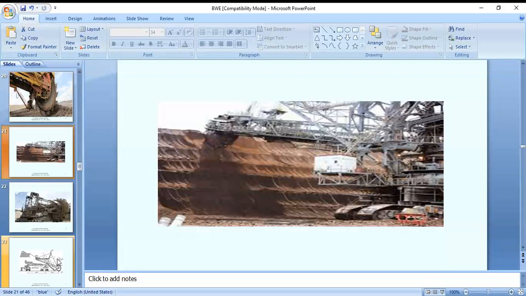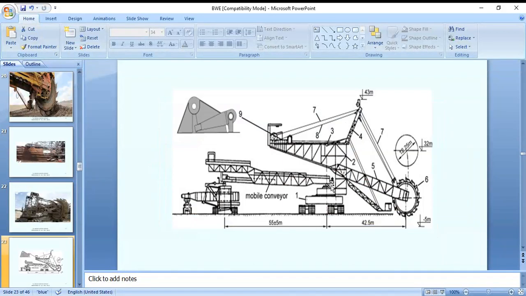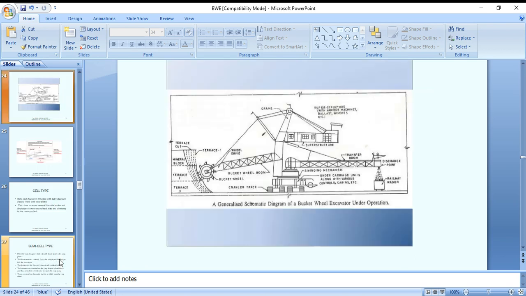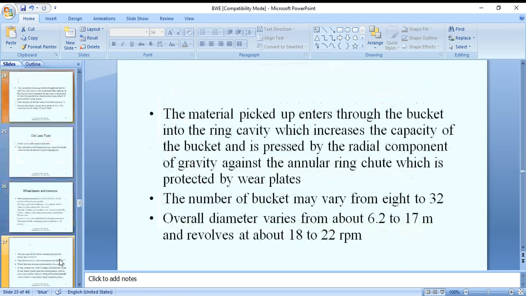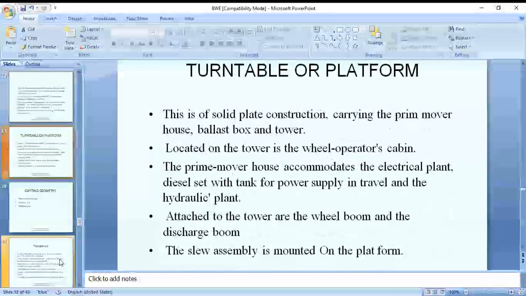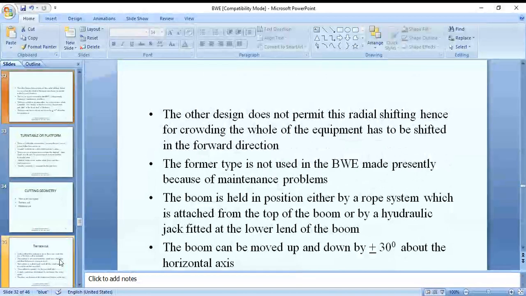From the center up to this is 30 degrees, and from here to the horizontal is 30 degrees, so movement from the horizontal is possible. This is important as far as the bucket wheel excavator wheel movement is concerned. So the boom can move up and down plus or minus 30 degrees about the horizontal axis, not more than that.